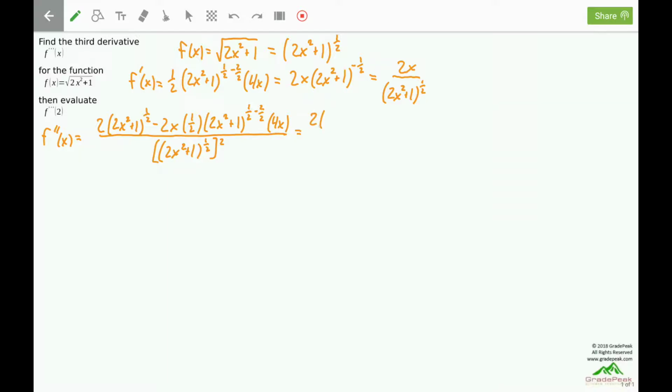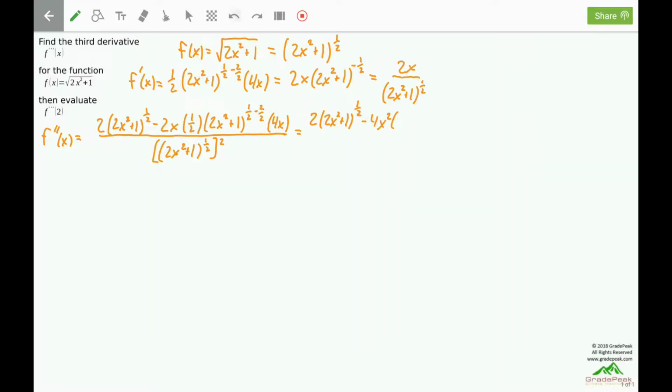Now in the numerator, I'm going to leave the first term alone because I will be able to factor out powers of 2x squared plus 1. I have that in both the first and second terms. The second term, I have a negative 2, a 1/2, and a 4 for the constants. Negative 2 times 1/2 is negative 1, times the 4 will be a negative 4. I have an x and an x squared.